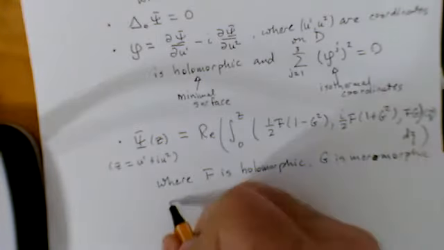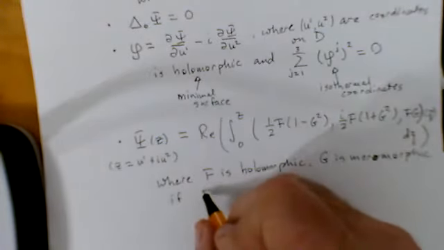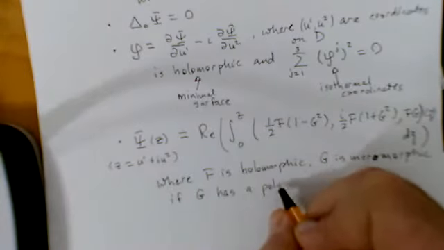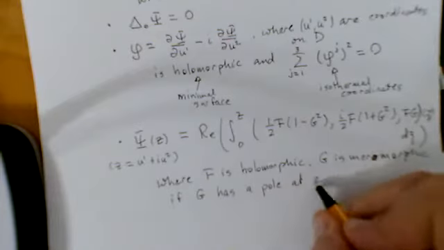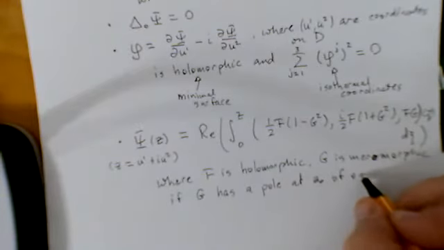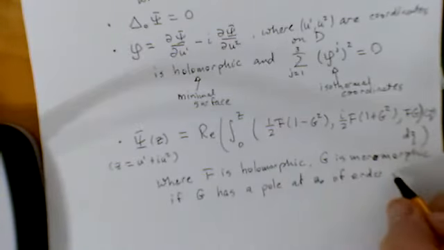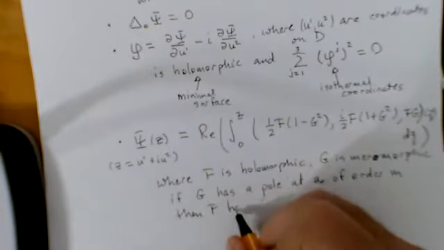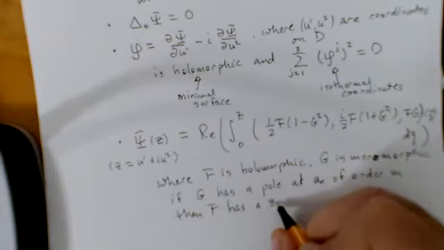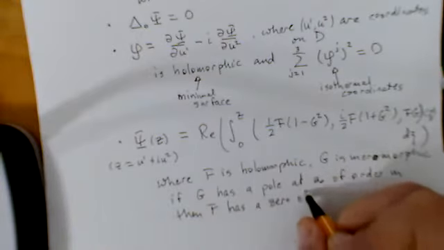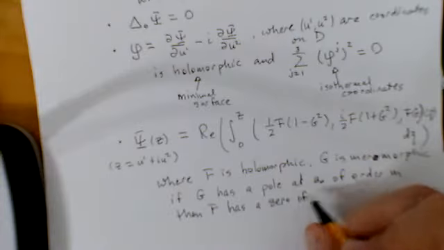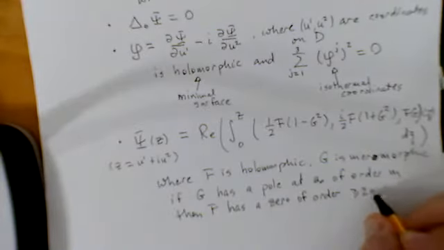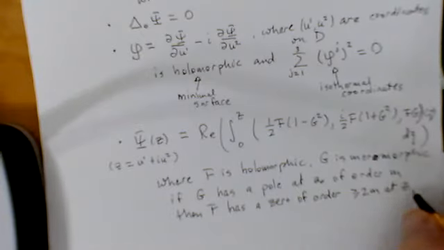And if g has a pole at z0 of order m, then f has a zero of order at least 2m at z0.